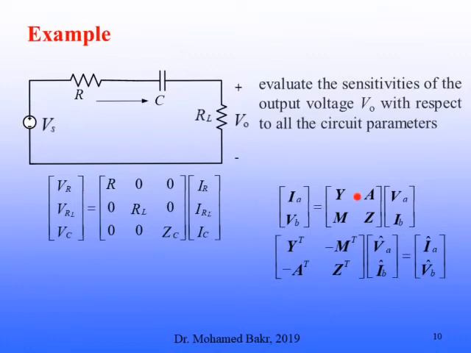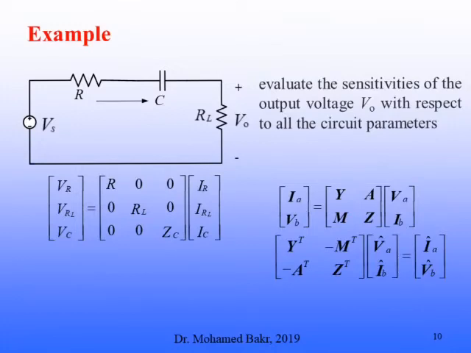Then the adjoint system will tell you to take the transpose of Z, and this will be your adjoint system. Remember, we don't have these matrices, and there is no IA, there is no VA. Then the adjoint system is VB hat equal to Z transpose IB hat. It is exactly the same matrix, and this tells us that the adjoint circuit has exactly the same shape as the original circuit.